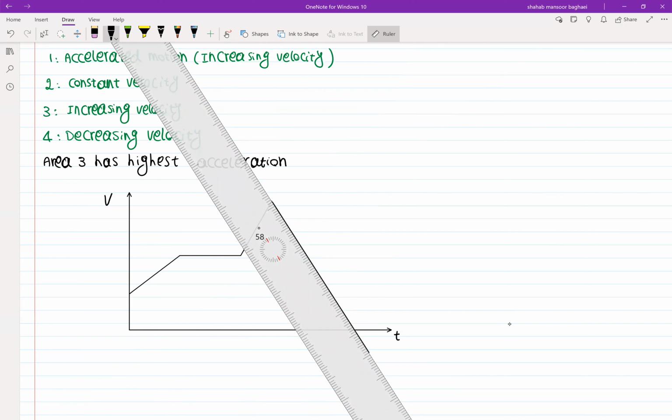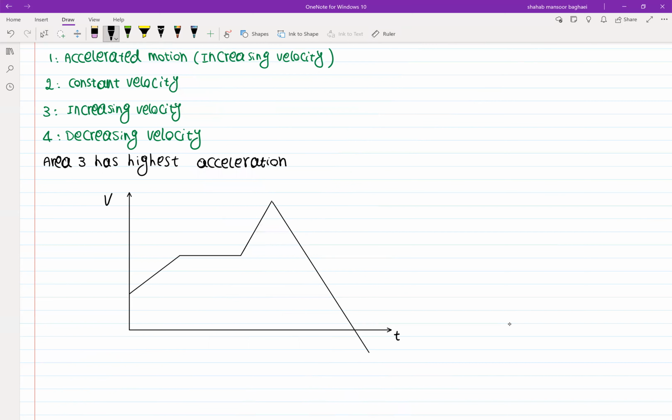Look at this one. There are 1, 2, 3, 4, and 5.